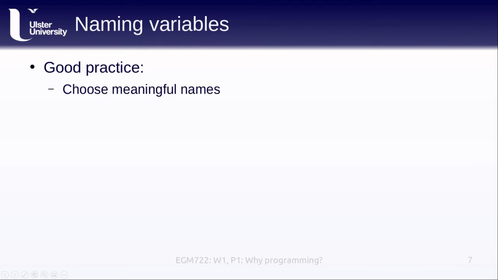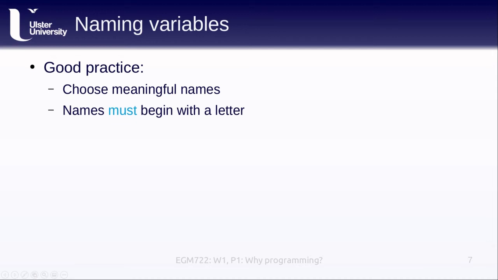When we're naming variables, there are a number of good practices that we can keep in mind. The first is that we should choose meaningful names for our variables, which is to say that we're not going to name things like variable 1, variable 2, variable 3, and on down the line. Instead, we're going to choose something that actually tells us what the variable is or what it does, so that when we or when someone else comes back and reads our code later, they have an easier time understanding what is going on. We also want to make sure that our names for variables begin with a letter.